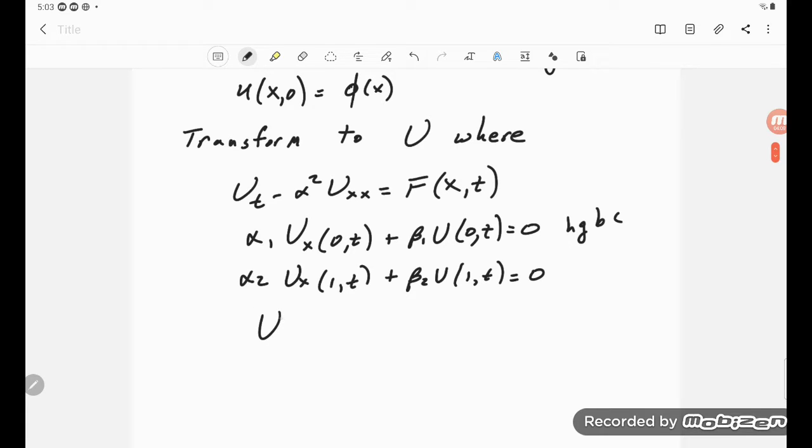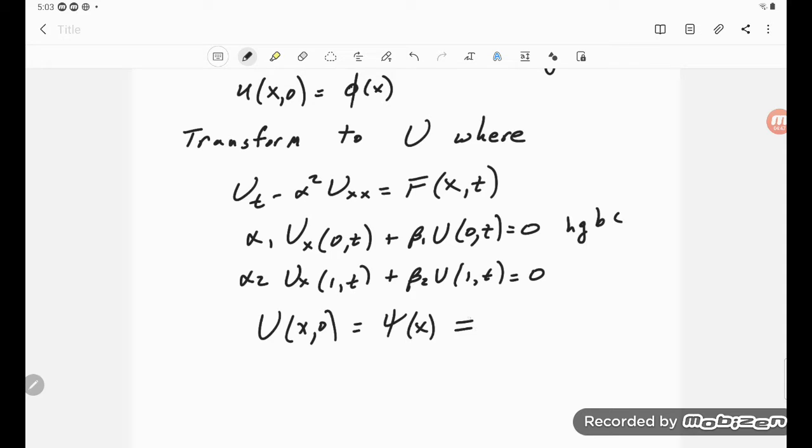And now our initial condition u of x and 0 is, well, they've got this messed up. They have a phi of x, which is incorrect. They're using the uppercase u, so I'll just do a psi of x.